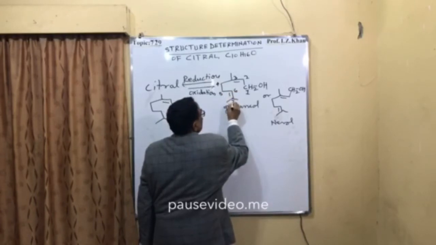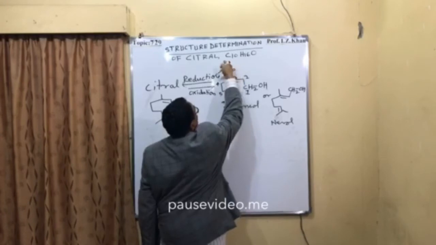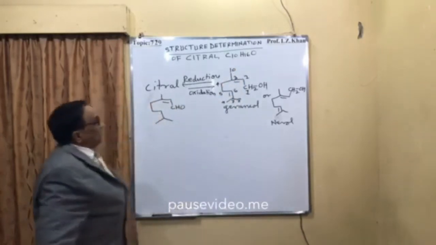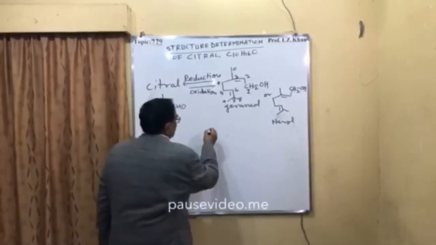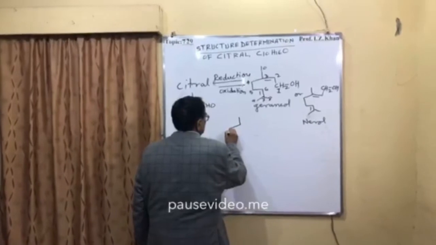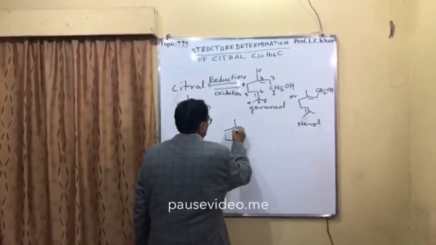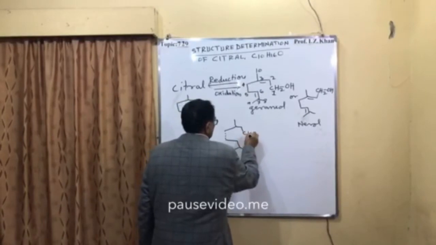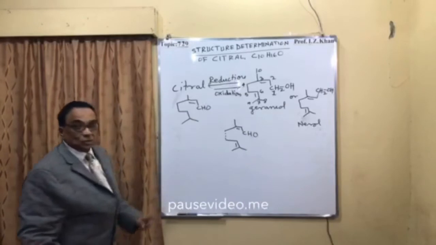6, 7, 8, 9 and 10. So this carbon 10 is arranged like this. I have already told you that citral is made up of 2 isoprene units.